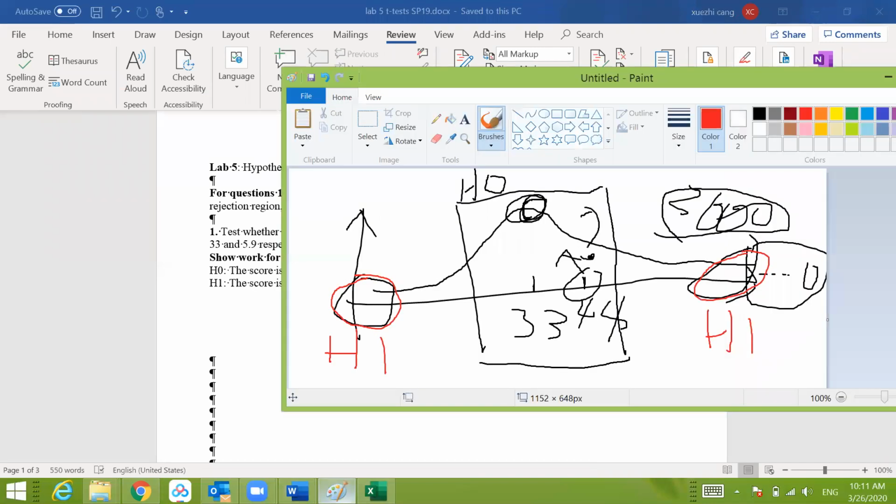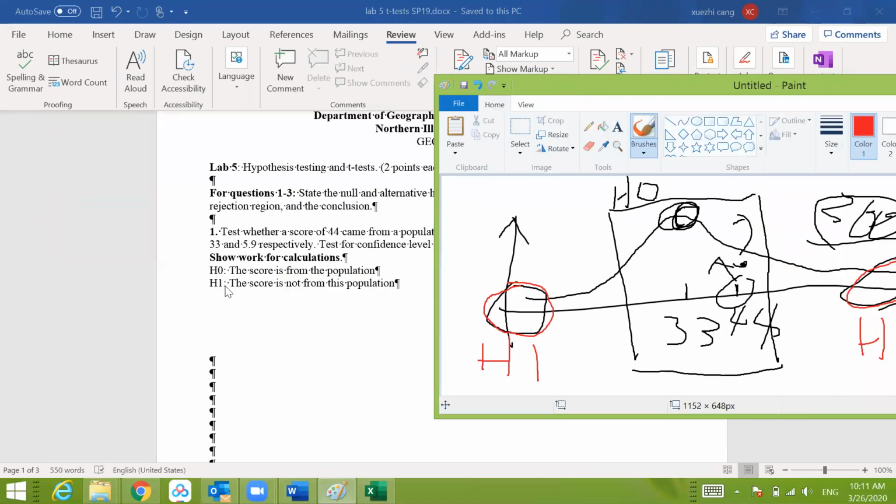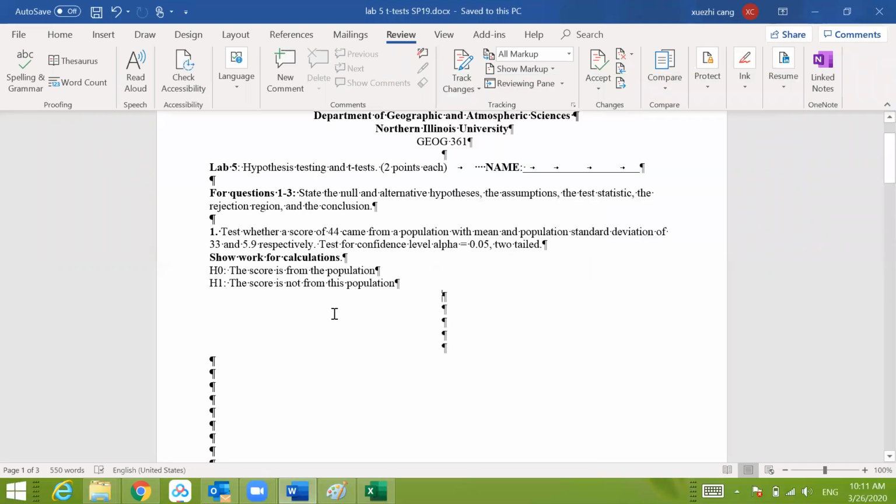But actually, if you use the graph method, you can figure out which one is the null hypothesis and which one is the alternative hypothesis. After we figure out which one is H1 and which one is H0, we can do our calculation.